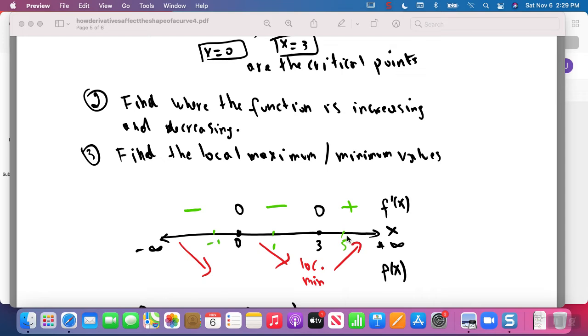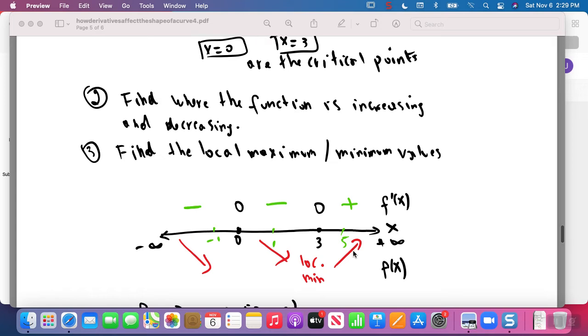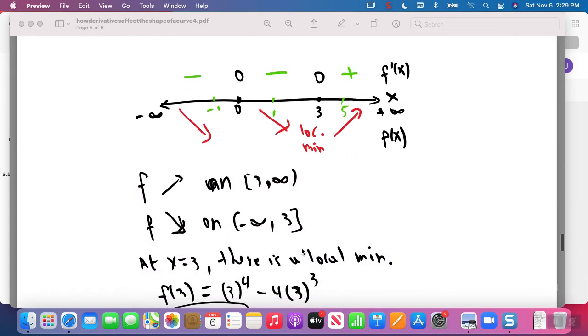And then we pick the number 5 for x in the last interval, which gives you a positive number. So that means the function is increasing on this interval from 3 to infinity. So we say f is increasing on the bracketed interval 3 comma infinity, and it's decreasing on negative infinity up to 3.